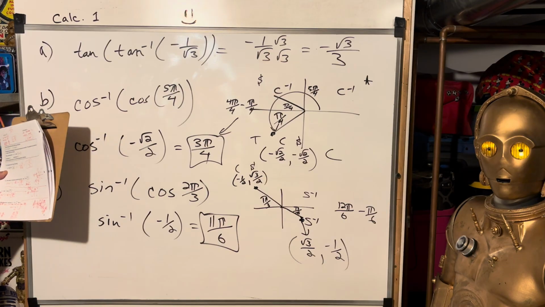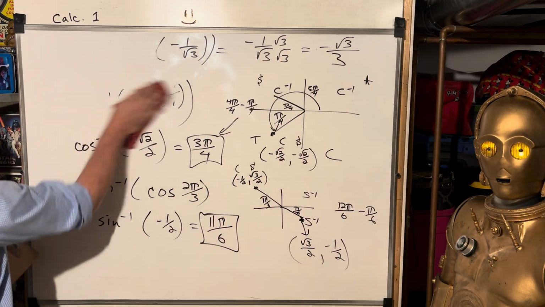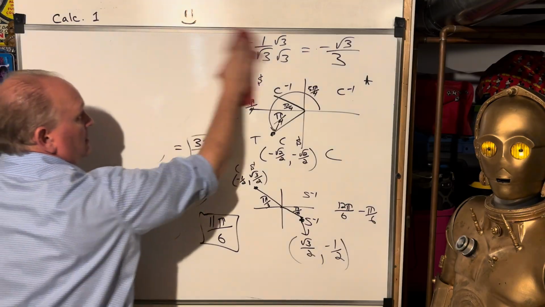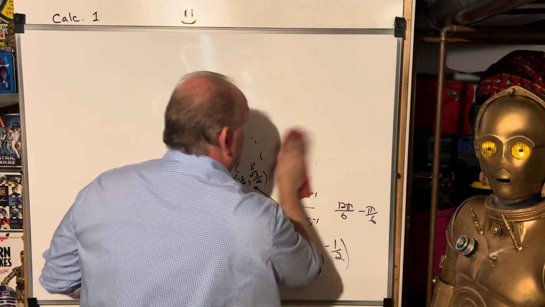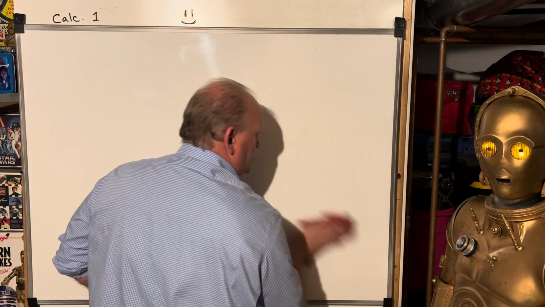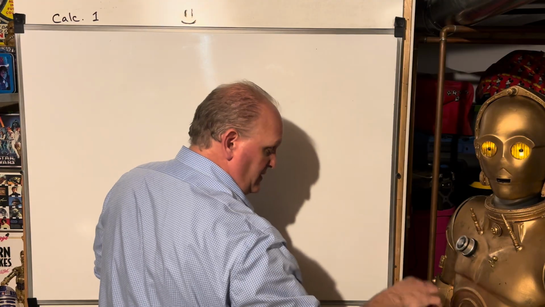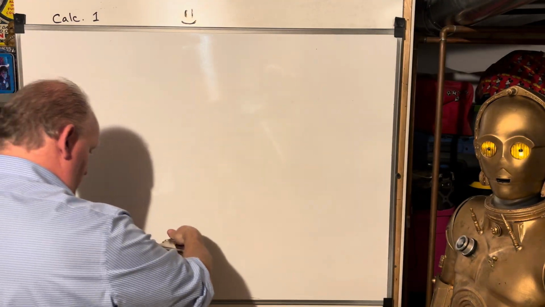Solve the equation, the arctangent. Oh boy. Hopefully this is all coming back to you from your pre-calc days. A lot of trig. You really have to have this stuff down in order to be successful in our Calc 1 course.